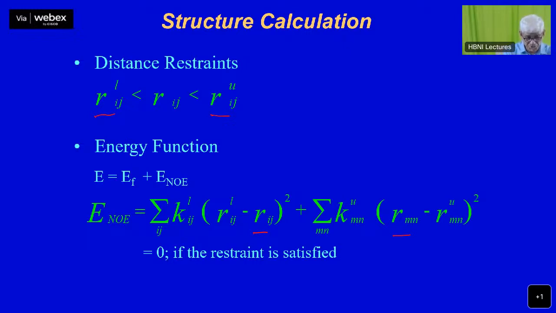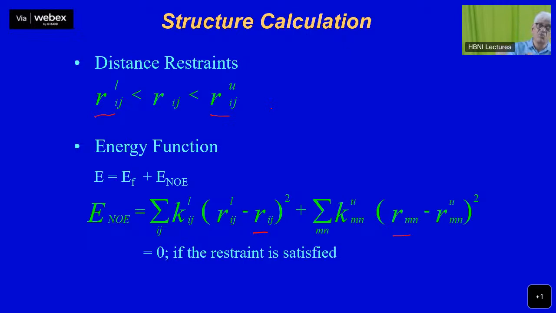If there is a violation of the lower bound of the distance, that means it lies somewhere here, then this is the potential function that will apply. If it is somewhere here, then this is the function that will apply. It is a violation on the lower distance or a violation on the upper distance.